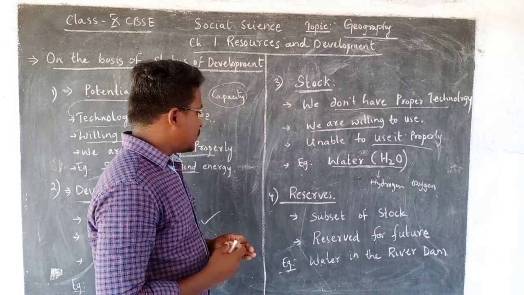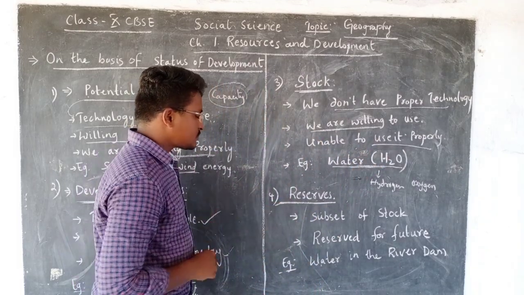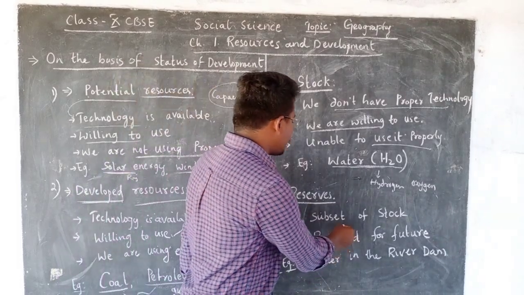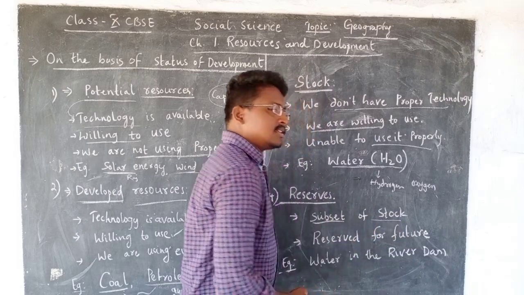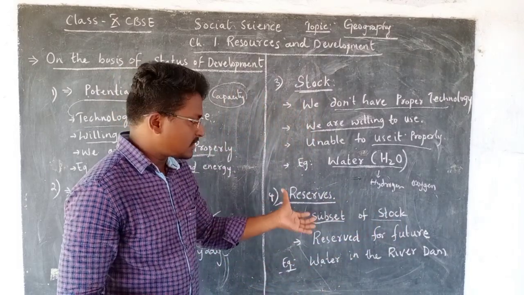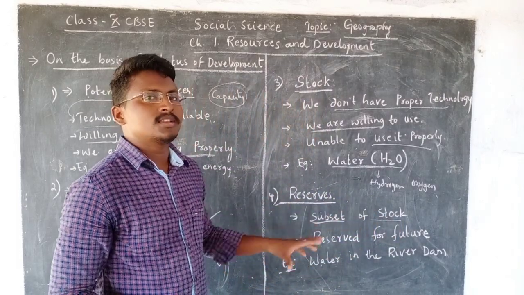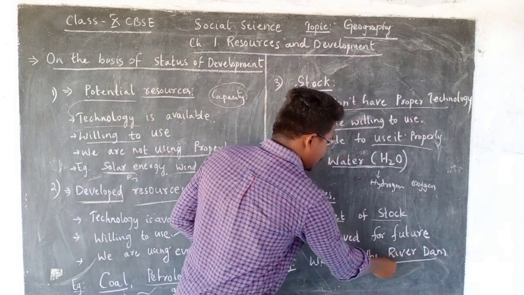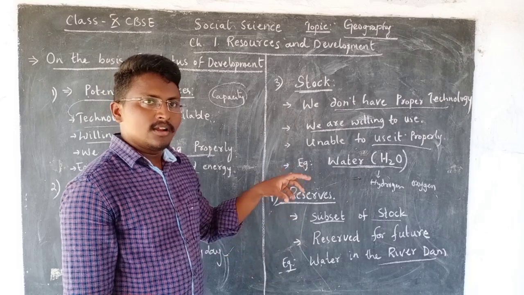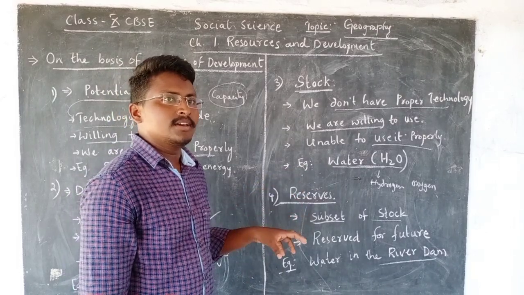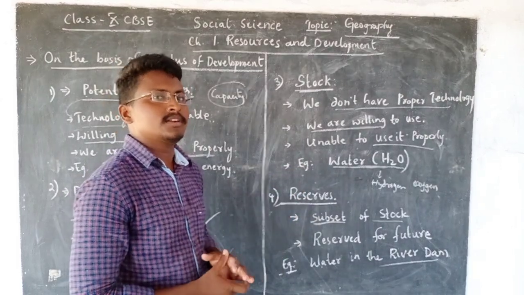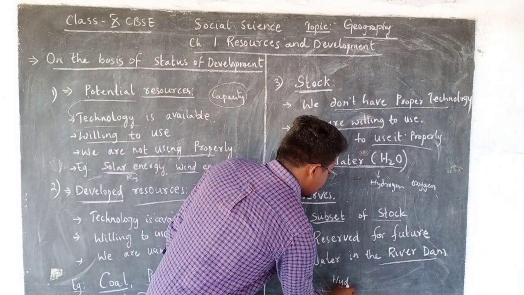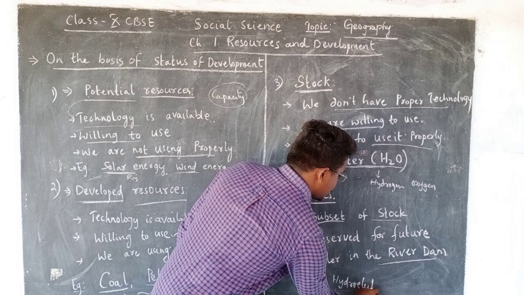The last one is reserves. Reserves are basically a subset of stock. That means they are part of the stock. By giving an example again, you can understand what reserves are. Reserves means the water which is flowing in the river dams. In all the dams present in India, we can generate electricity, for example hydroelectricity.